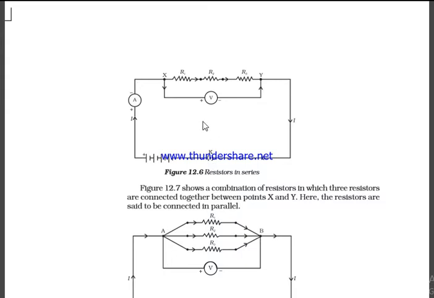You will find that the same current is flowing in the circuit.